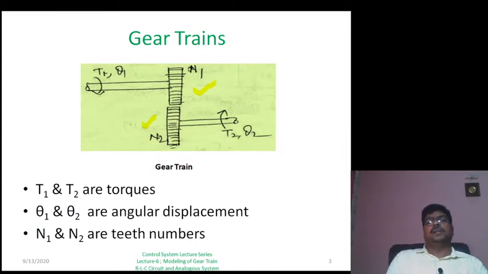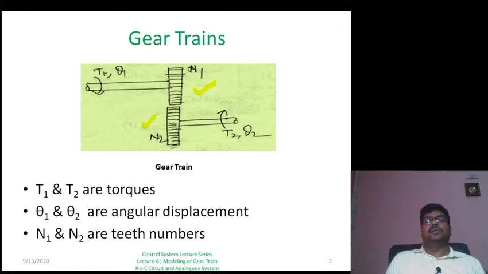So gear train. Here you can see there are two gears, gear number 1 and gear number 2. Gear number 1, due to the drive, has a torque T1, displacement theta 1, and this gear has a number of teeth N1.